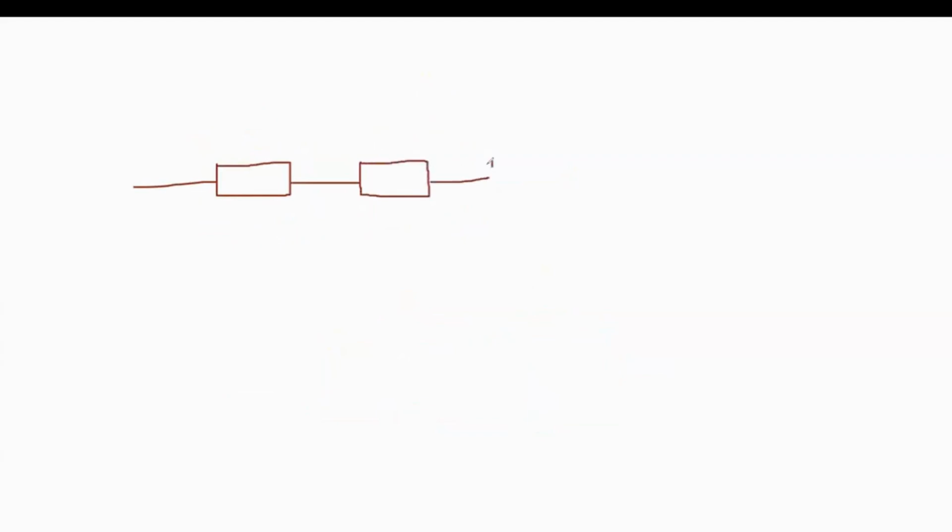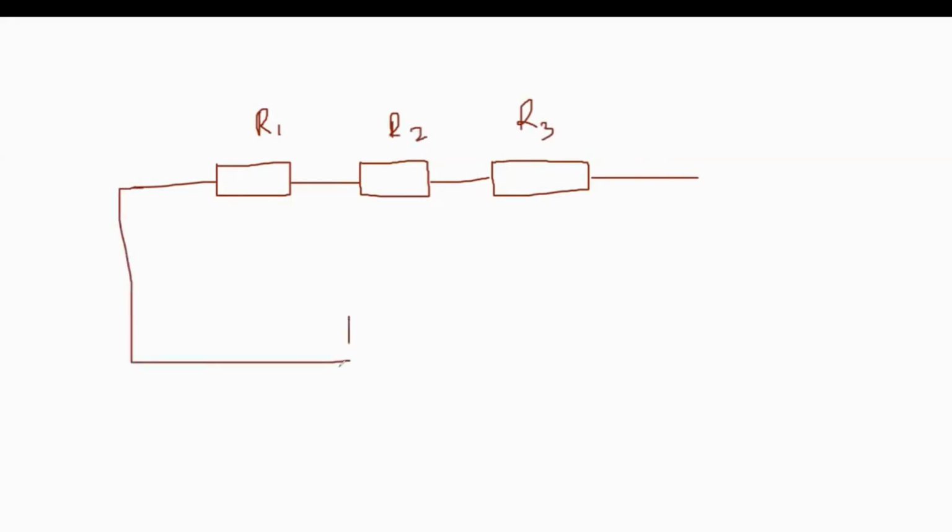I'm not going to show you the derivation part of it, but a few important things are required. Now, this is R1, this is R2, this is R3. Now let's imagine that I'm connecting it to a hypothetical battery, and this battery is providing a voltage for the whole circuit.